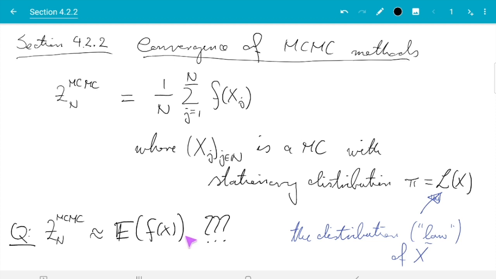Before we jump to section 4.2.2, I want to quickly discuss section 4.2.1. We'll not cover this here, but I will give you a very short summary. It turns out the answer to this question is that whether the Markov chain Monte Carlo estimate is close to the expectation of f of x depends on the Markov chain xj. Sometimes what we have is enough, most of the time, but sometimes it's not.